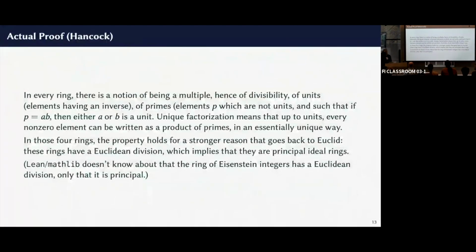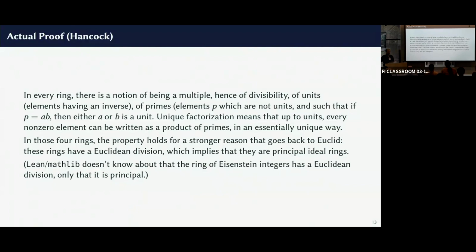So in every ring, there is a notion of being multiple, a notion of divisibility. These notions are implemented in Lean, in Mathlib. So automatically, Mathlib will be able to talk about divisibility in those rings and units in those rings and so on.